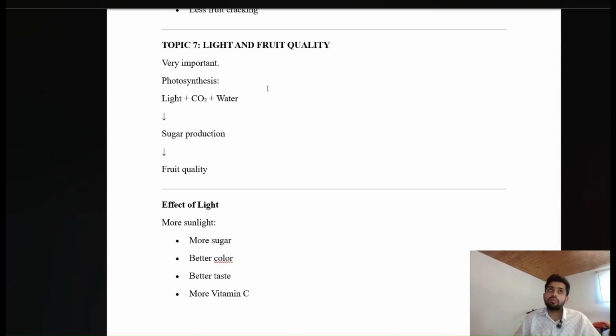If it is green or slightly parrot color, then it is less sugary. The color also depends on how much light it has received. So light has a direct correlation with fruit quality.